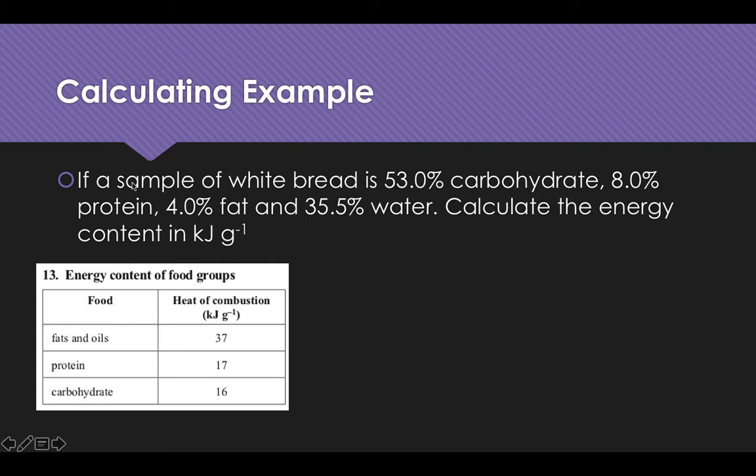For example, in this question, a sample of white bread is 53% carbohydrates, 8% protein, 4% fat, and 35.5% water. What would be the energy content for this white bread given in kilojoules per gram? This is what you often see at the back of a package of food, giving you the nutritional facts.